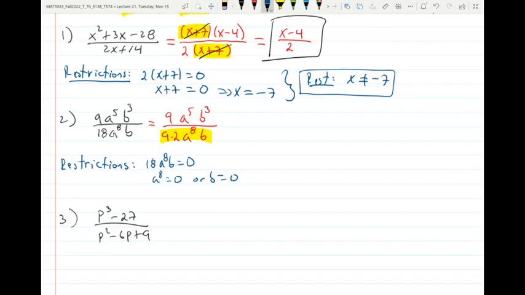But if a to the 8 is 0, that means a must be 0. So restrictions are A cannot be 0, B cannot be 0, right? Those are the only values that will make this product equal to 0. So whatever we do, you need to understand that the values of A and B cannot be 0, okay? Otherwise, the expression doesn't make sense.